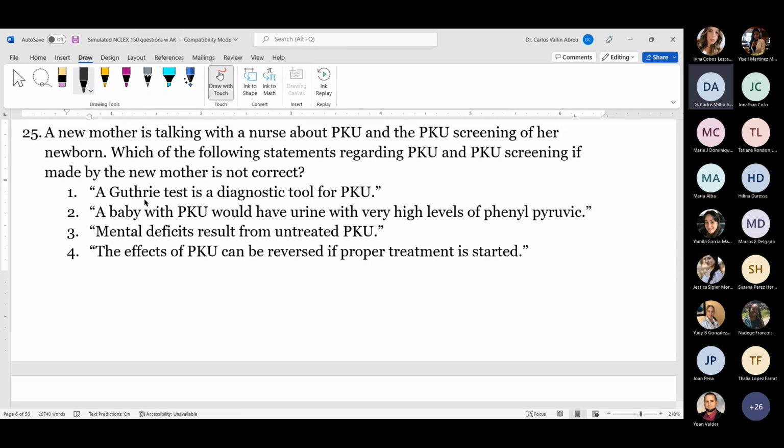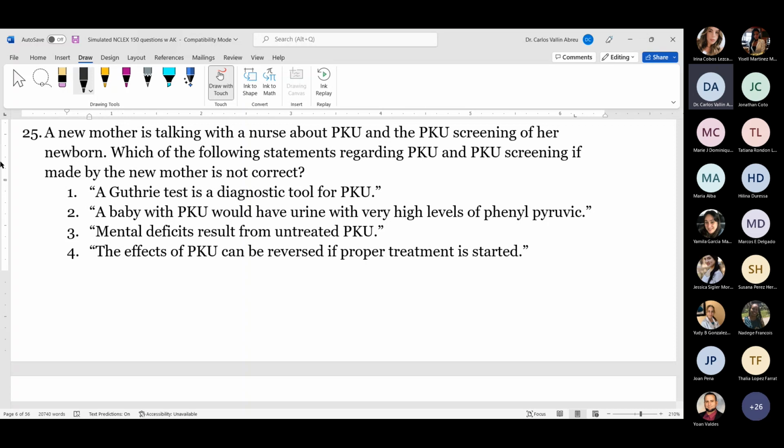If they are diagnosed early, the harm can be prevented or minimized. There are like 20-something metabolic diseases that are screened together with the others that I mentioned, together with sickle cell disease, etc. Okay.